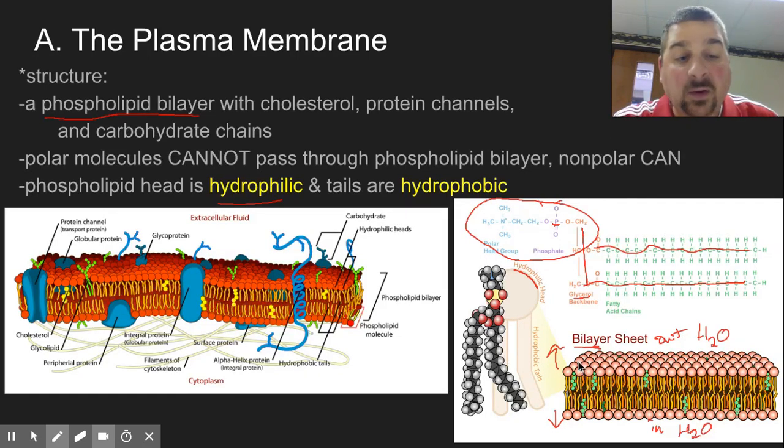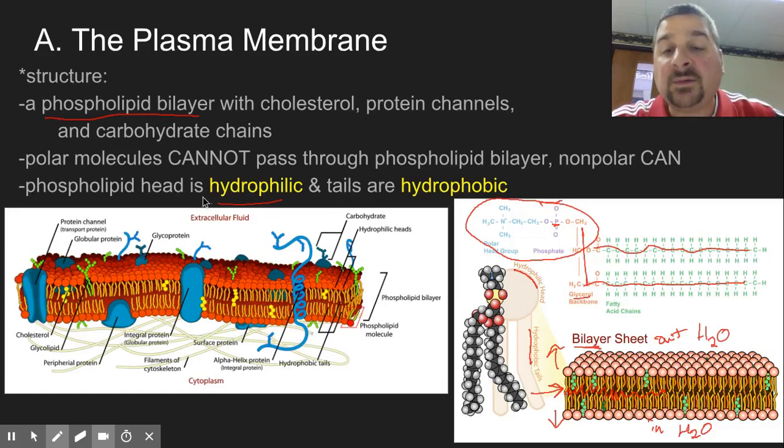They'll face outward towards the water, the interstitial fluid, and the cytoplasm on the inside. The tails, because they're just carbon to carbon to carbon bonds, are hydrophobic. They're not polar. They do not like water. So all the tails are going to be in this middle region because they do not like the water in here and out here.